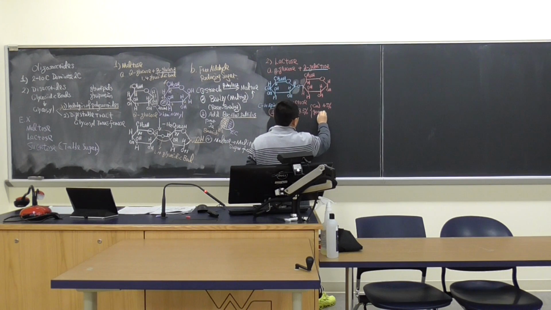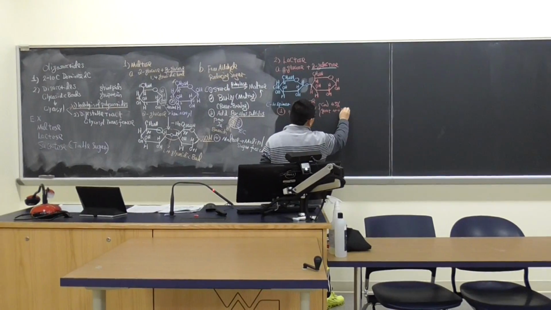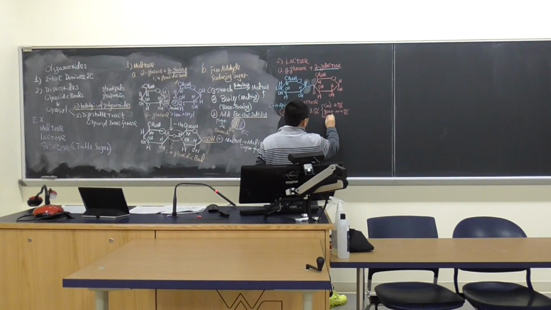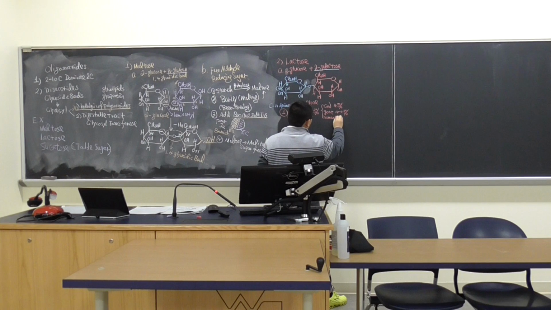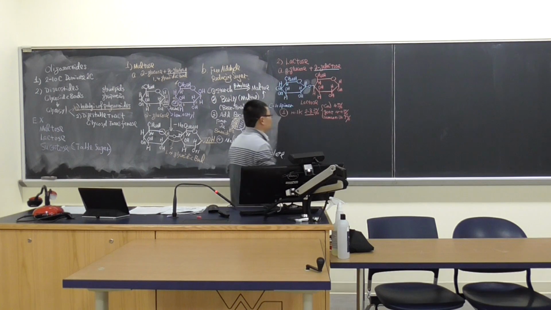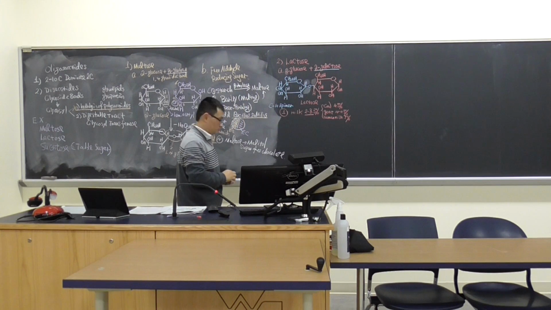Goat milk is about 4 to 4.5%, similar. Human breast milk is a little bit higher, could be up to 7%. But the range is 2 to 8.5%. That's for lactose.